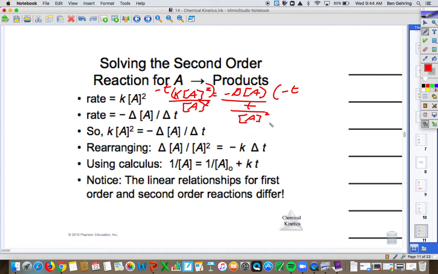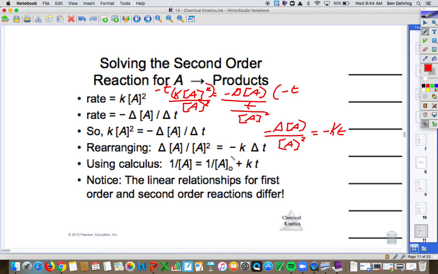Okay, so we're going to have this situation, equals negative kt.